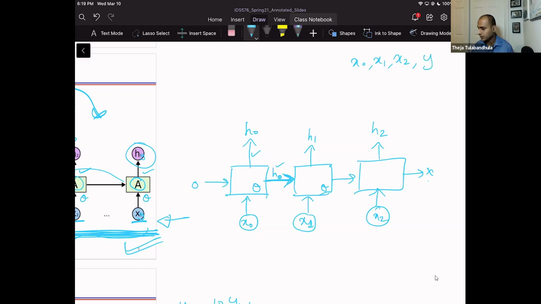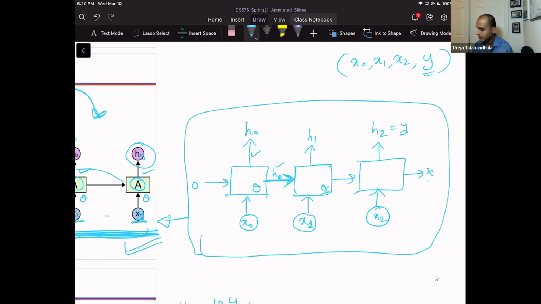So this is a sequential model. The y could be, for example, the next word of the sentence that you want to predict. So this h2 is basically equal to y. You're training for this example, x0, x1, x2, and y. The architecture computation is basically captured here. You pass 0 and x0, you get some intermediate things, let's say h0 and h0. You pass x1, you get one more intermediate output, h1 and h1.